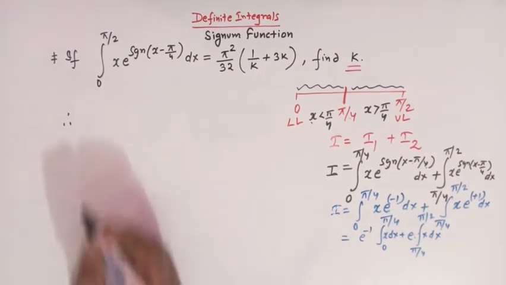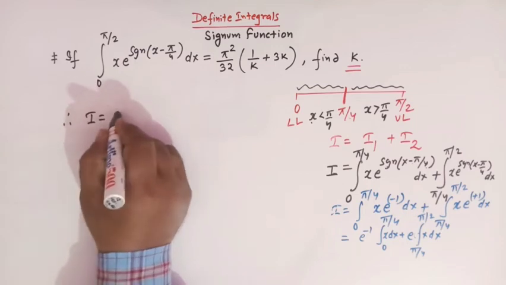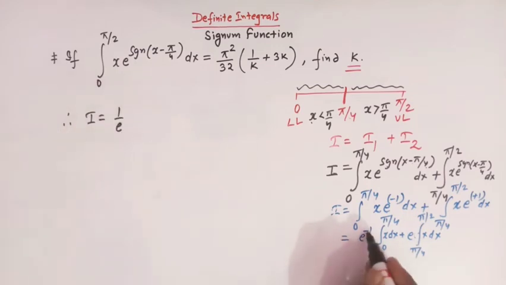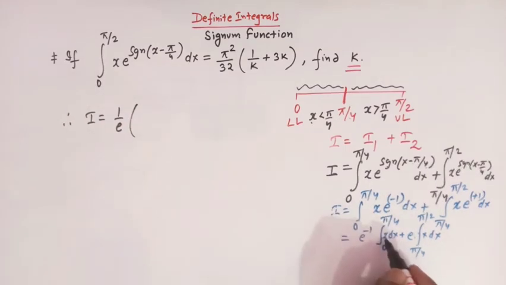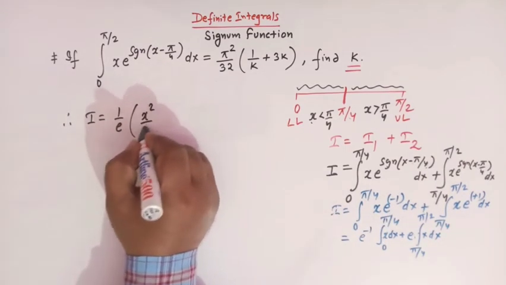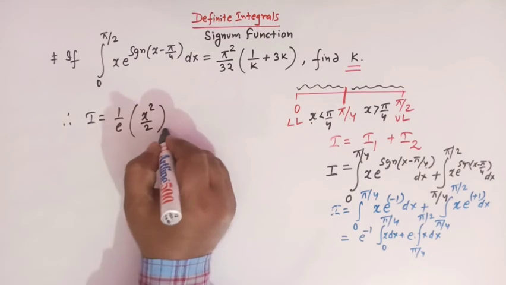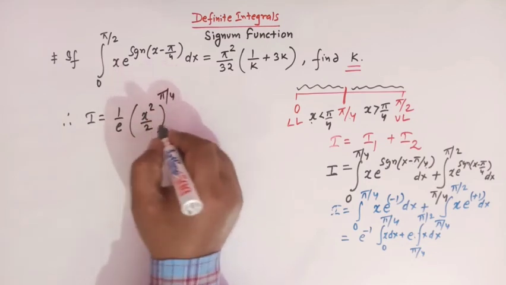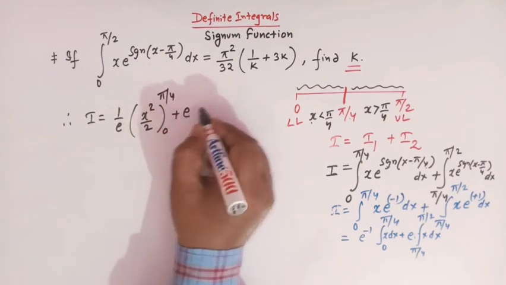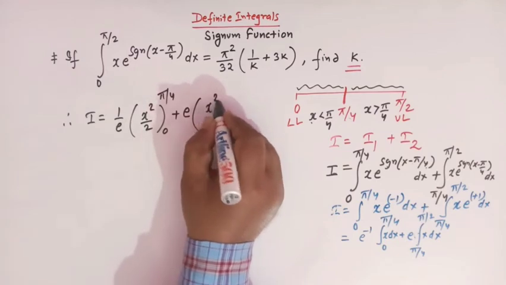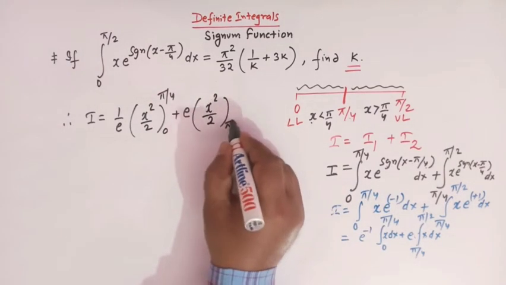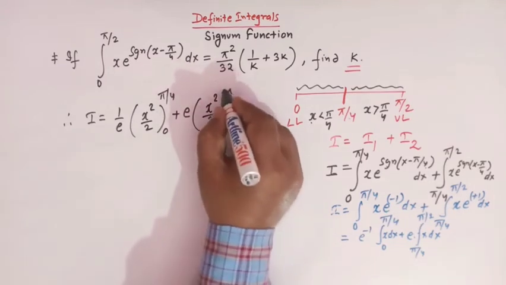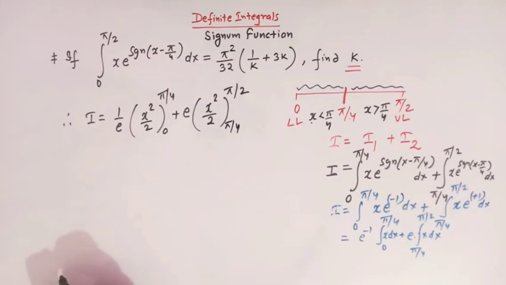So therefore I can be written as 1/e, since e^(−1) is 1/e, and the integral of x is x²/2, with limits from 0 to π/4, and here we have e and x²/2, the integral of x, with limits from π/4 to π/2, right?